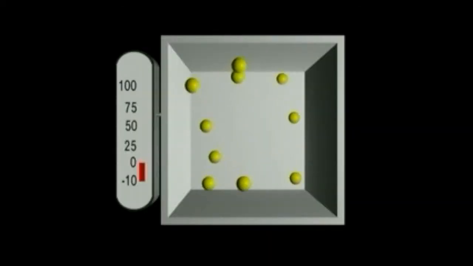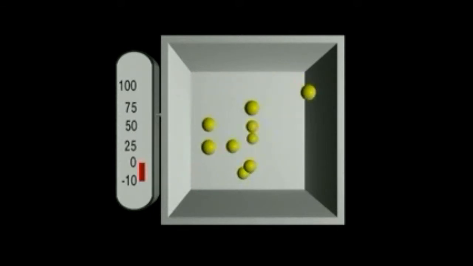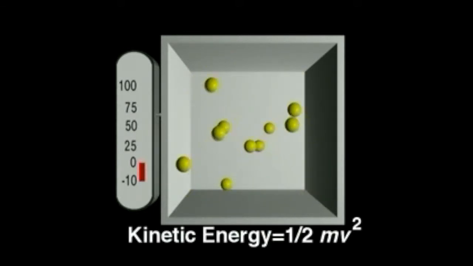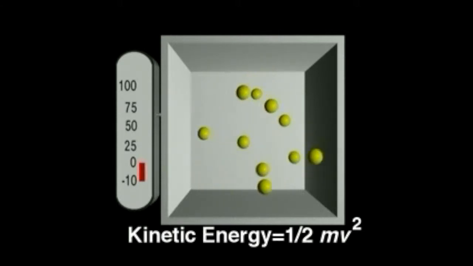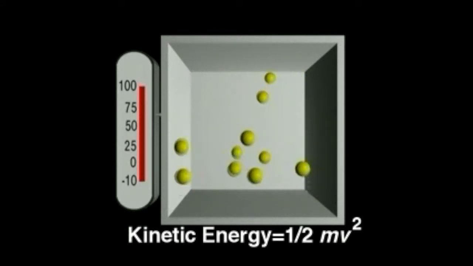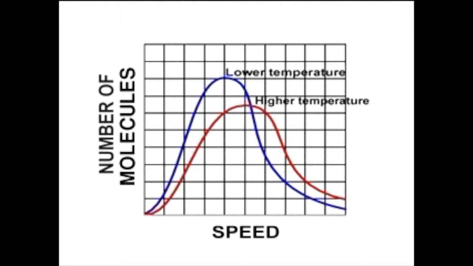At any given temperature, the molecules of a gas are in continual motion. At any instant, some molecules have more kinetic energy of motion than others. With increasing temperature, the average kinetic energy increases in proportion to the absolute temperature. This graph shows the distribution of molecular speeds for a particular gas at two different temperatures. Notice that the most probable molecular speed, given by the peak of the curve, increases as the temperature increases.